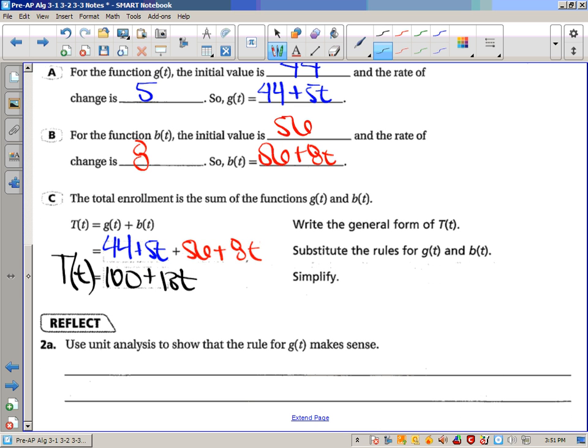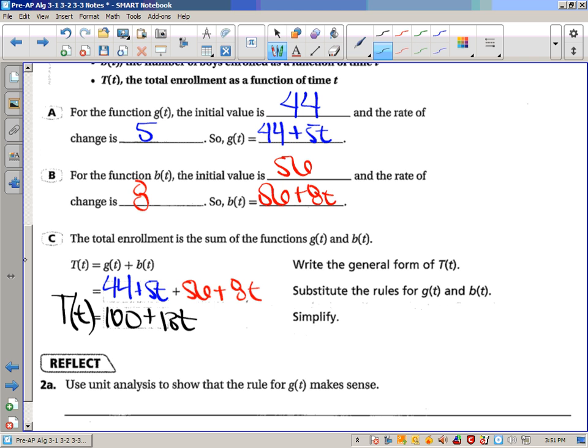Now when they say use unit analysis to show that the rule for g of t makes sense, g of t is just the girls. Okay, well, if I have 44 girls plus 5 girls each year times the number of years, what unit cancels?